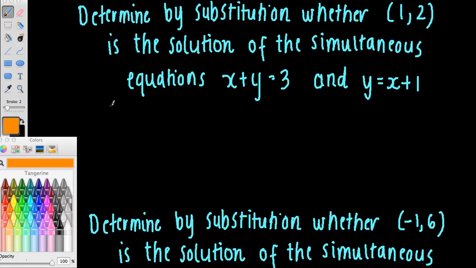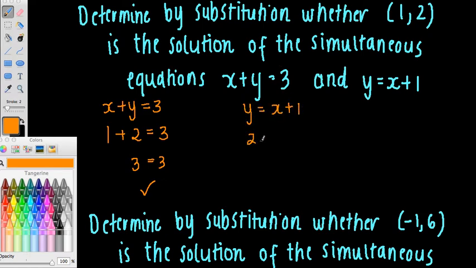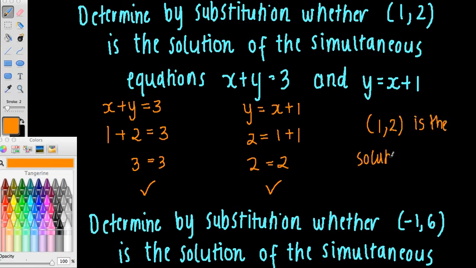If we have x plus y is equal to 3 and we're considering the point 1, 2, when we put that into the equation, we can see that yes, it works for that first equation. Let's try the other one now. What we can see is yes, this point is the solution to these equations listed above, because both of these equations are satisfied using that point. Both of them work.